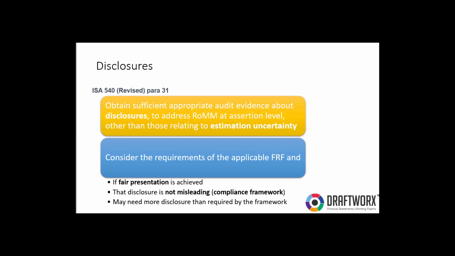It's important to obtain sufficient appropriate audit evidence about disclosures relating to estimates to address the risk at the assertion level, not only those relating to estimation uncertainty, but in addition to that.